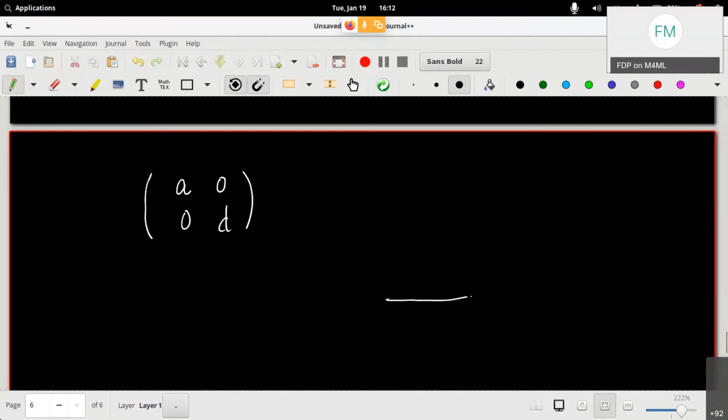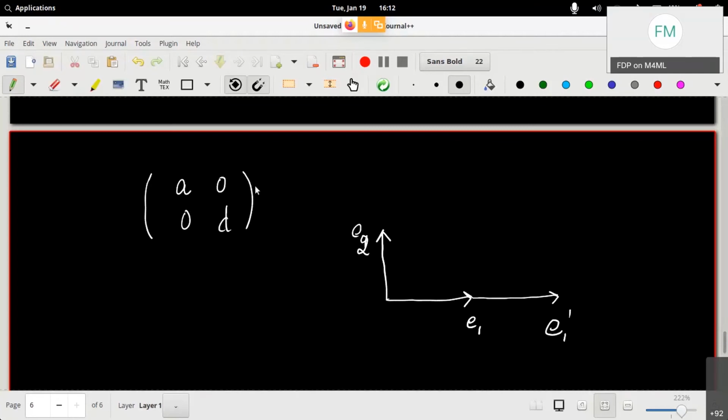Let's say this is my E1, this is my E2. I'm just using the same Cartesian coordinate system, and these two are the basis vectors. Now what I'm saying is that you don't change anything on the E2, but you need to scale up E1 in this direction. So you go A times E1, so I will call it E1 prime.